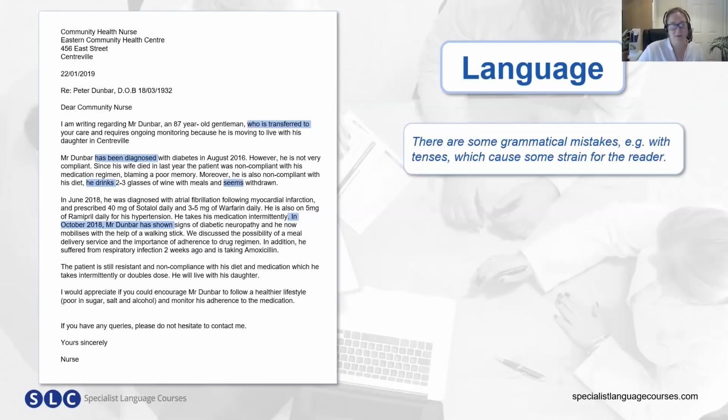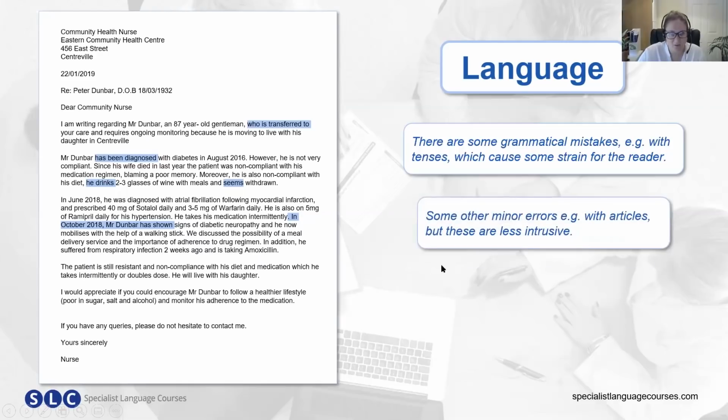So sometimes this can affect the meaning, so it's important to make sure that you are using the right tenses here. There are a few other errors, like with articles, but these are less intrusive, and I don't think they affect the clarity of the letter too much.